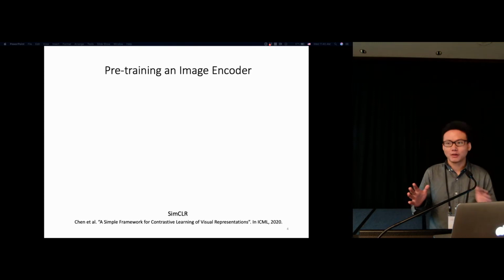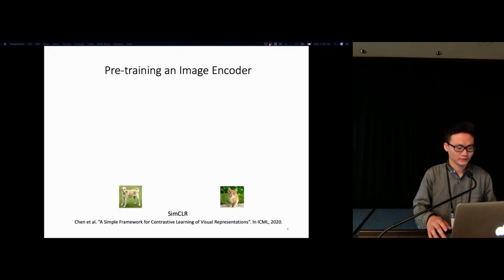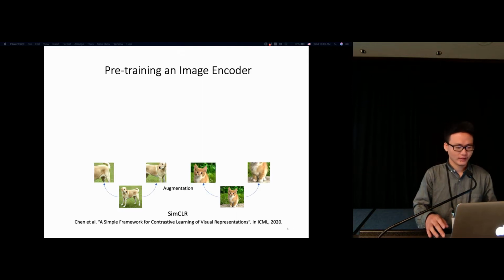SimCLR is a popular self-supervised learning algorithm. I will use a toy example to illustrate how SimCLR pre-trains an image encoder. Suppose we have two unlabeled images. SimCLR first uses its data augmentation operation to create two augmented images for each image.